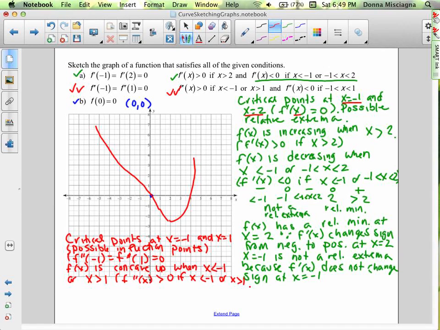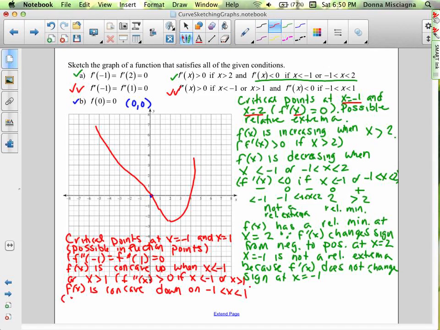So f of x is concave down on -1 to 1. How do we know that?